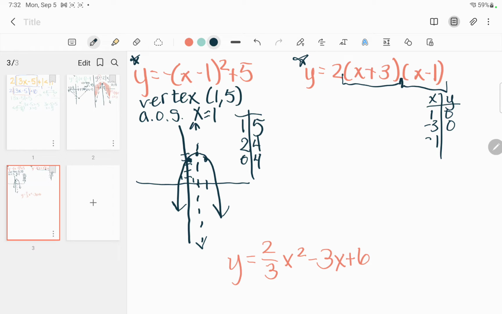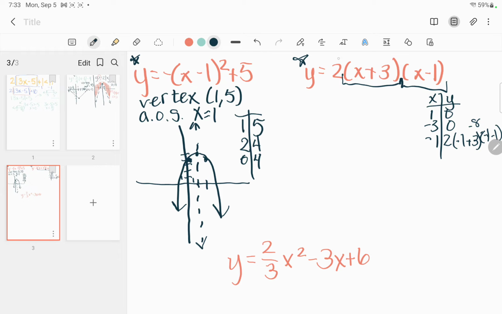So I'll go ahead and just evaluate this function for negative 1 plus 3, and negative 1 minus 1. So that's going to be negative 1 plus 3 is 2, times negative 2 is negative 4, and then times 8, that's overall going to be negative 8.